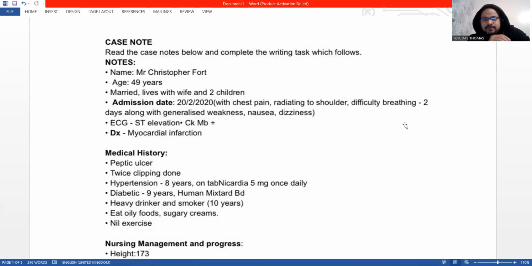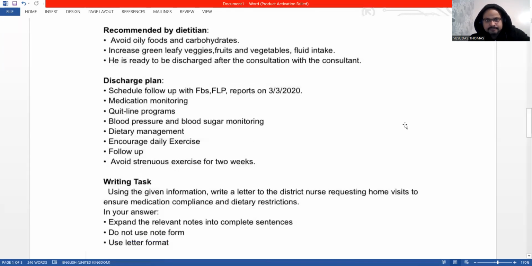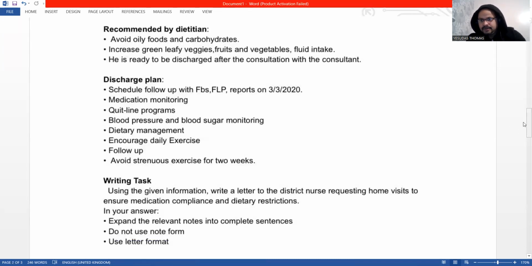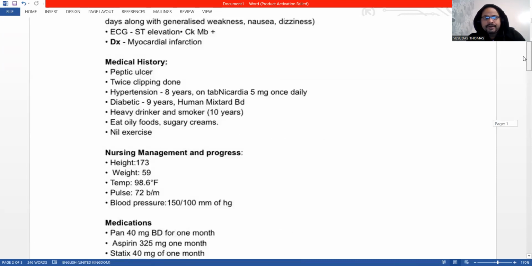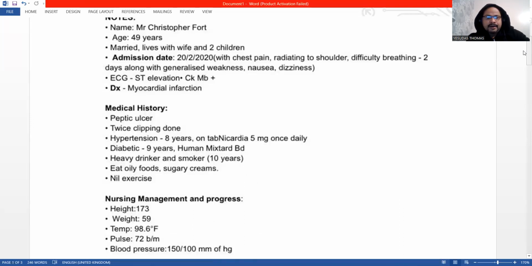And yesterday, that was on 20th February 2020, he presented with the suggestive symptoms of myocardial infarction, and later his investigations showed that he has myocardial infarction, that is ST elevation. All these things confirm the myocardial infarction.